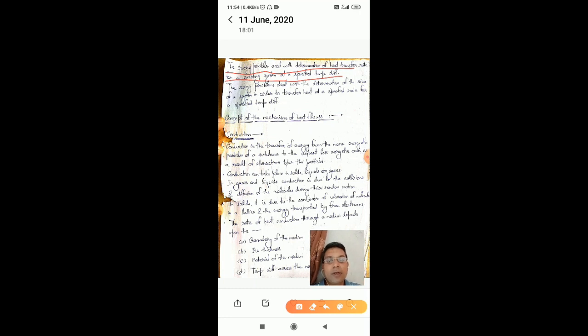Just look at the phrase again: to determine the heat transfer rate from an existing system at a specified temperature difference. There are two things you should look at. First, at a specified temperature difference, and that too for an existing system.